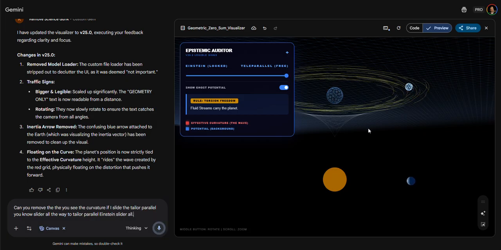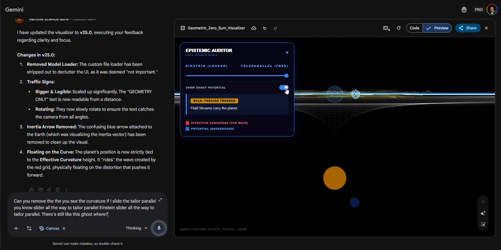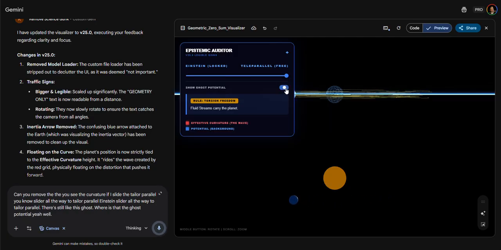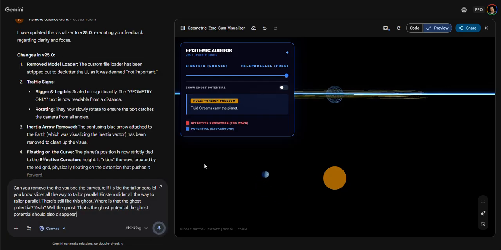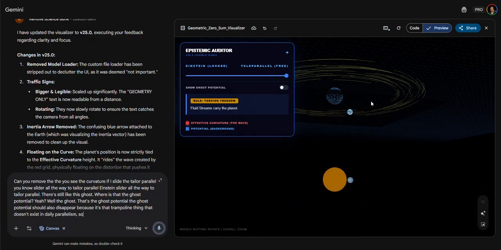There's still this ghost, the ghost potential. The ghost potential should also disappear because it's that trampoline thing that doesn't exist in teleparallelism. So take care of that.